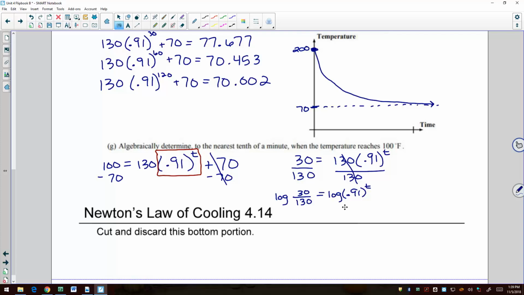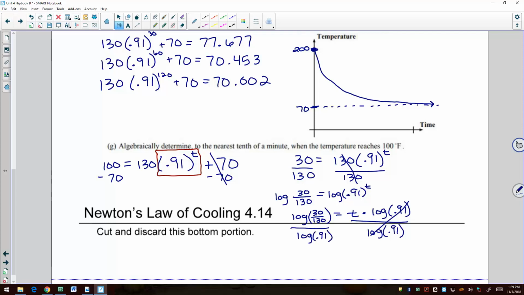As soon as I log both sides, and I'm going to leave it as 30 over 130, but I'm going to put parentheses around it, the T can come down, and I'm left with the log of 0.91. Now I can divide by the log of 0.91. Remember, you can't separate a log with the word log from the number that's next to it. It is one number. It stays with the word log.